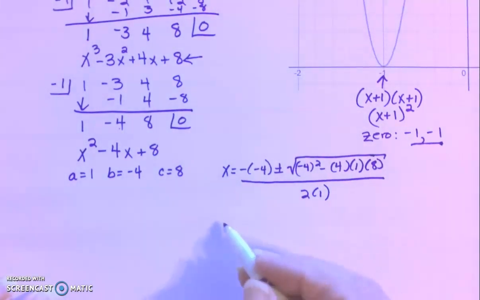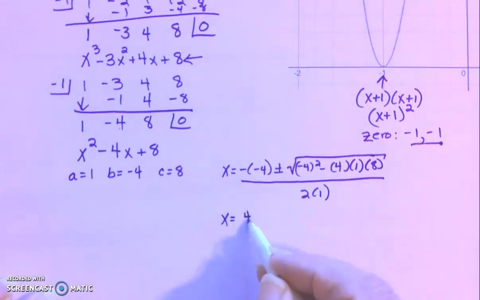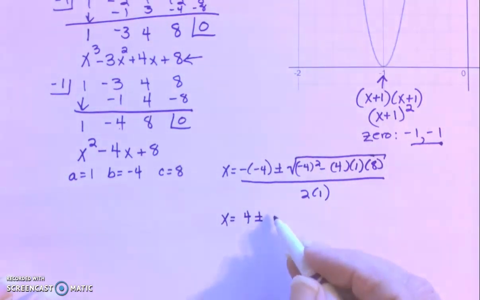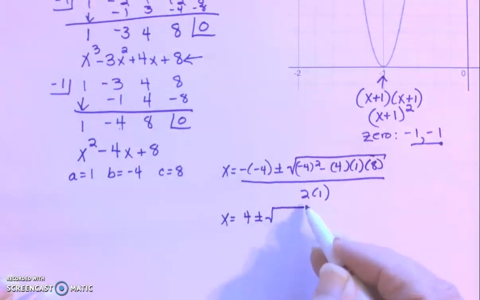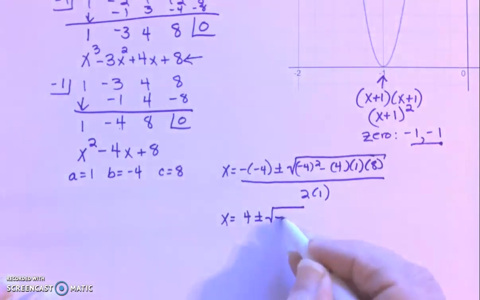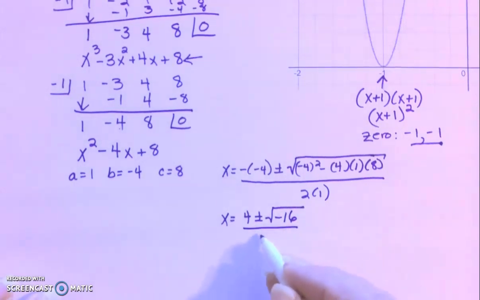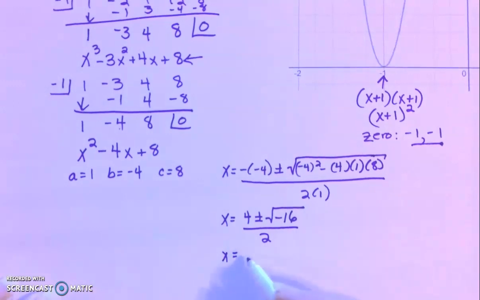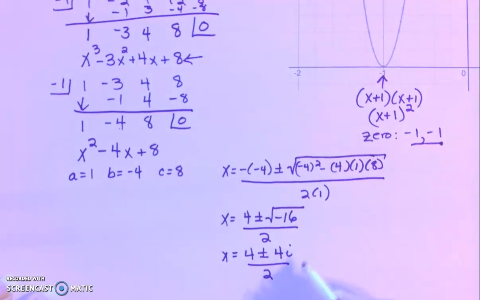When we simplify this, we have that x equals 4 plus or minus, and we've calculated our discriminant and found that to be -16, all over 2. And using what we know about complex numbers, this rewrites to 4 plus or minus 4i over 2. Now remember that this 2 is the denominator of both the 4 and the 4i. So this simplifies to 2 plus or minus 2i.